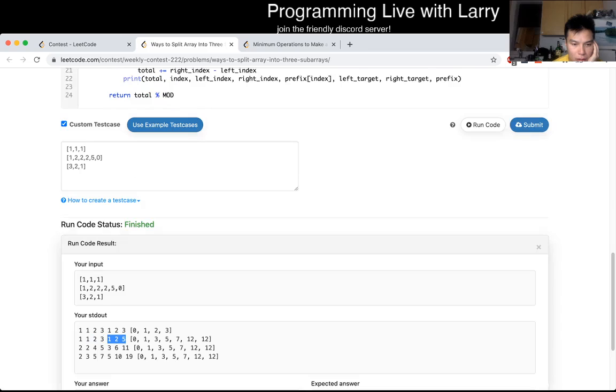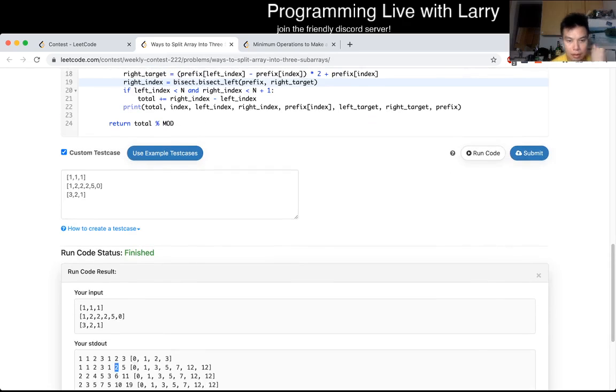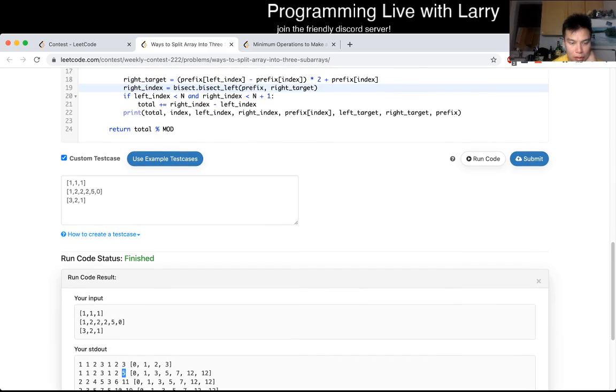Total is 12, so this should be 6. 2 minus. No, that's not true, right? Yeah, no, it's true. Total sum minus.